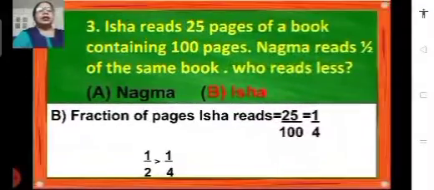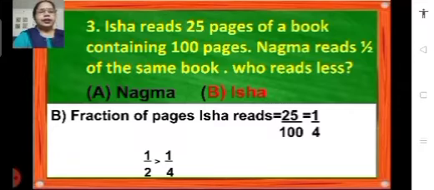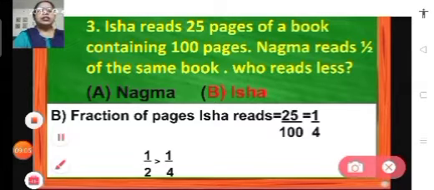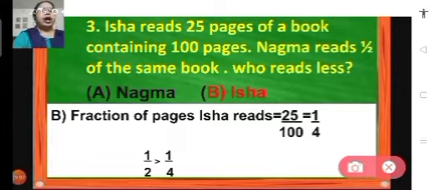Next one. Isha reads 25 pages of a book containing 100 pages. Nagma reads half of the same book. Who reads less? We have two options, Nagma and Isha. So how do we solve this? What is the fraction of pages Isha reads? It is 25 out of 100. That means 25 upon 100, which is equal to 1 upon 4.